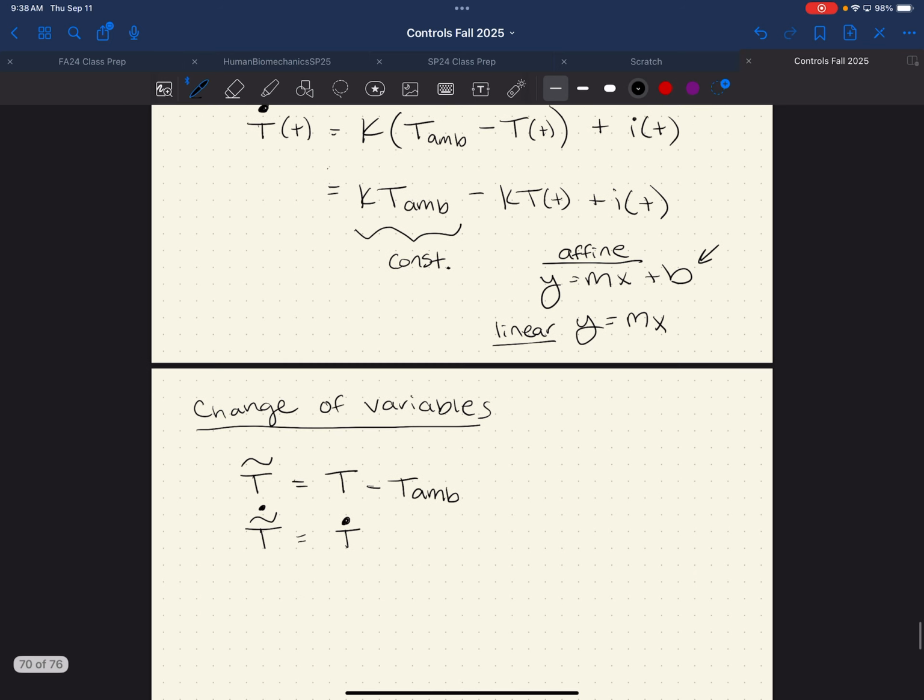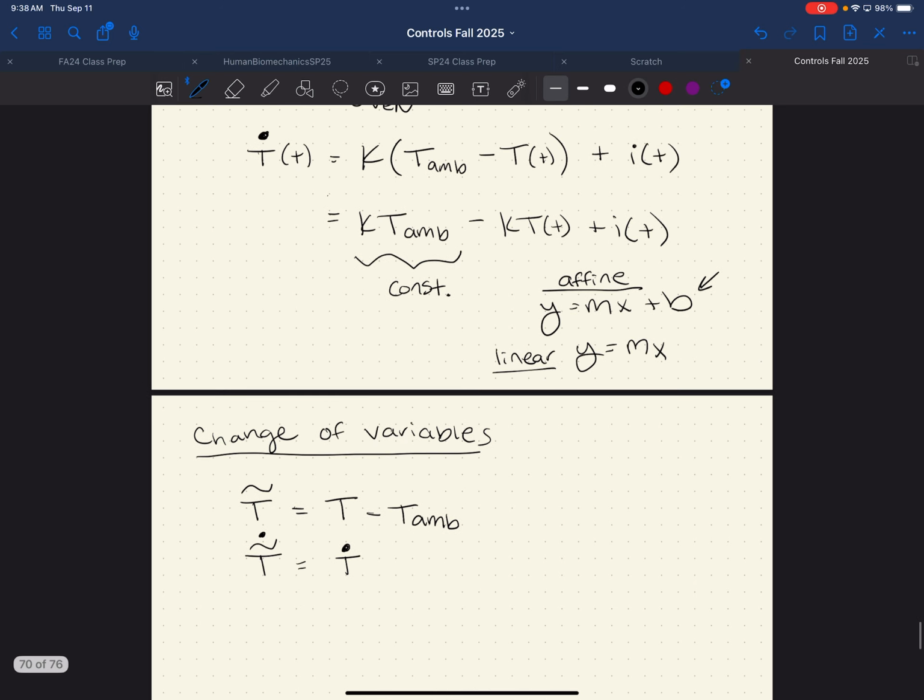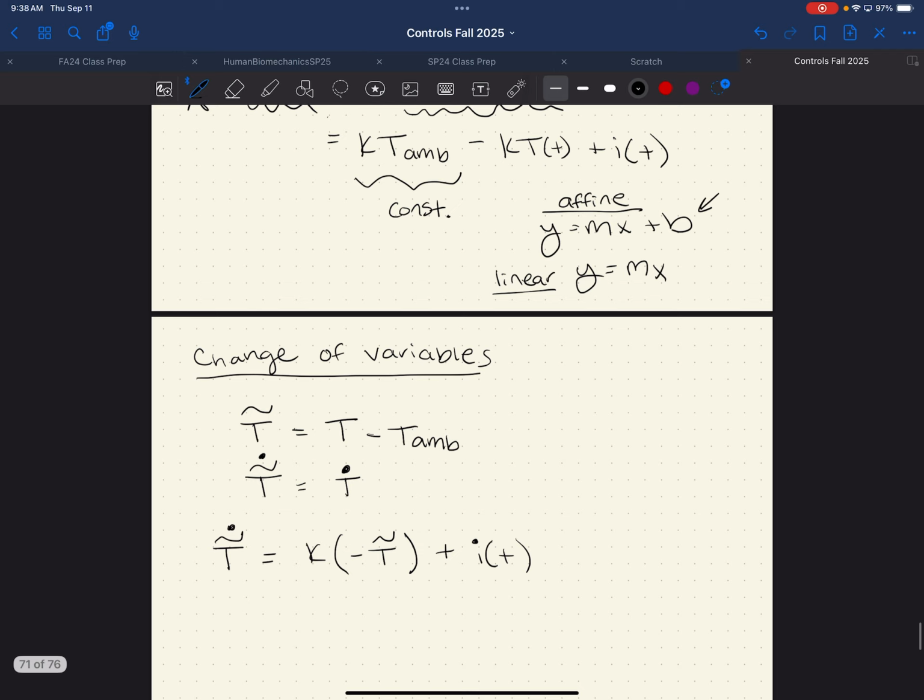Okay, so let's plug this into my differential equation here. So we said this T dot is just equal to T tilde dot. Those are the same exact thing. Equals K times negative T tilde. It's negative T tilde. Plus I. Do I now have that y-intercept term?